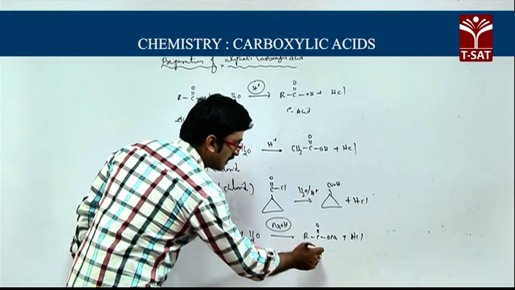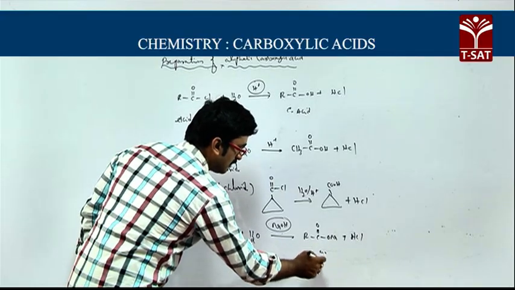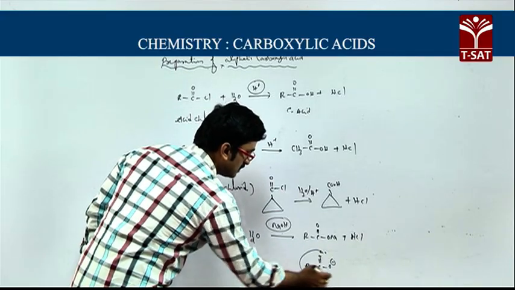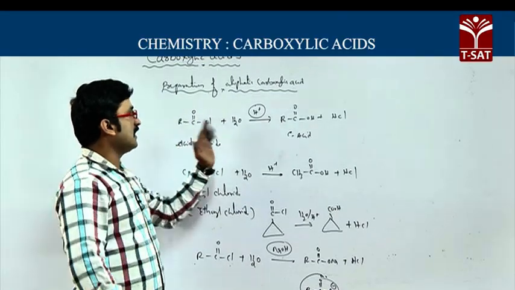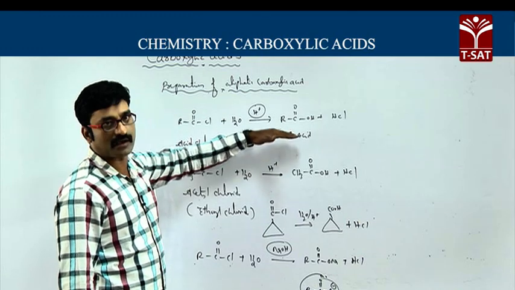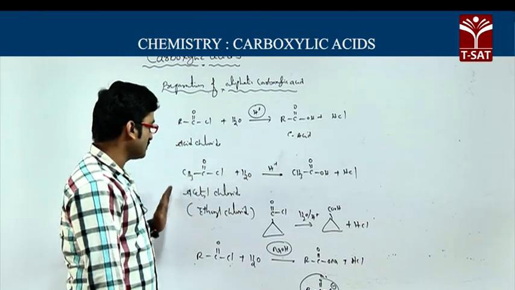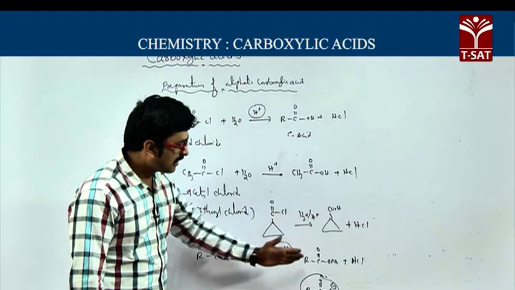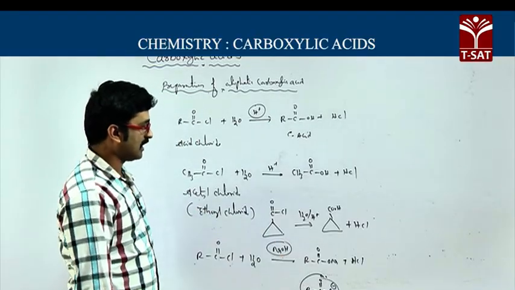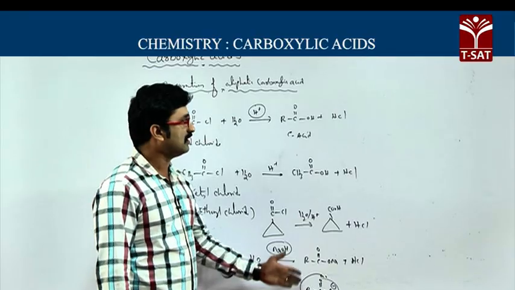Or else you can write RC double bond O minus, which is known as carboxylate ion. If the reaction is carried out in the presence of acid, you directly get carboxylic acid. But if the hydrolysis of acid chloride is carried out in the presence of a base, you will get a salt of carboxylic acid, or else you can say carboxylate ion.